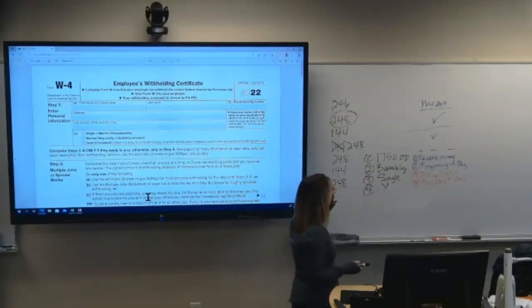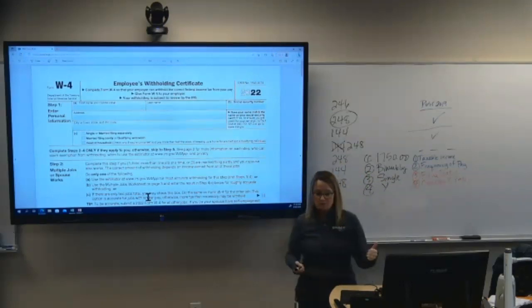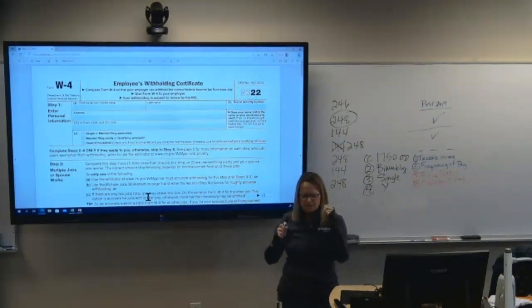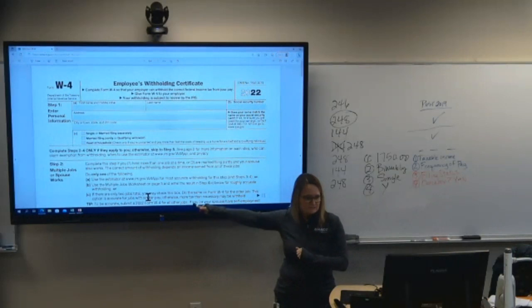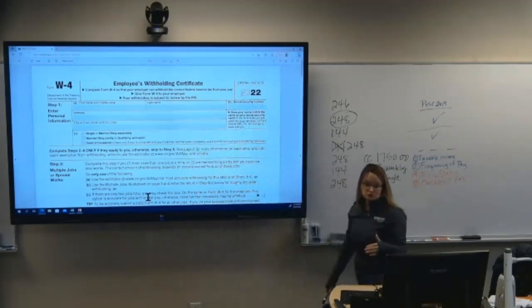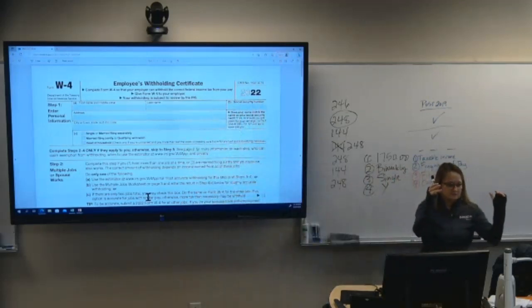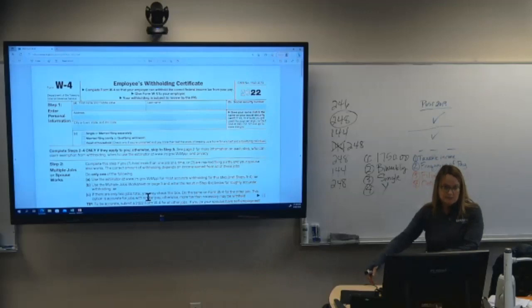If I've got a pre-2020 W-4 form, you're thinking, okay, it's 2020, so I've got to use the 2020 publication 15T. No. This year only relates to whether we're using the pre-2020 methods or the post-2019 methods.